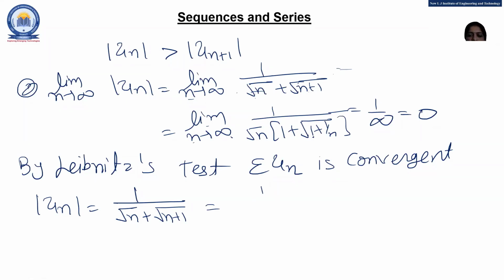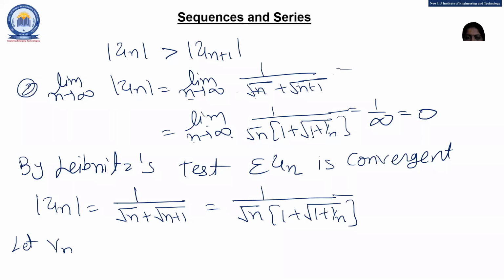If I take root n common, then 1 plus 1 by n. This is my |un|. So let me select Vn as 1 upon root n, because here 1 by root n is there. So Vn equals 1 upon root n.